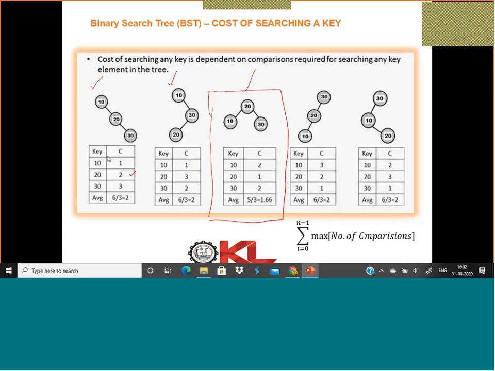But this is not always true. Take these key elements in a banking application as account numbers. If it is a current account number, then it is accessed frequently. If it is a savings account, it is rarely accessed compared to the current account.